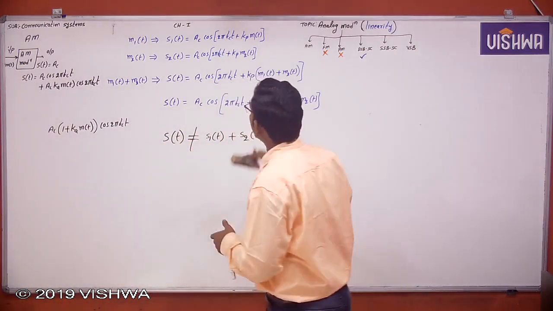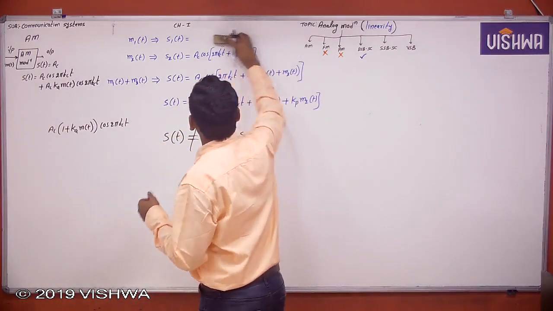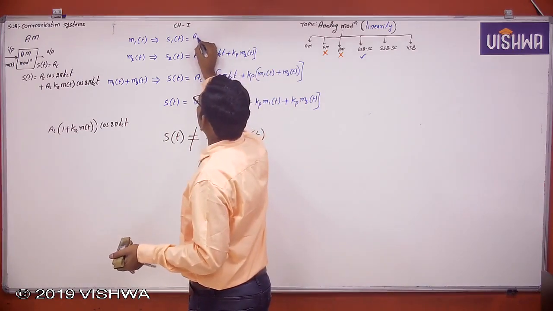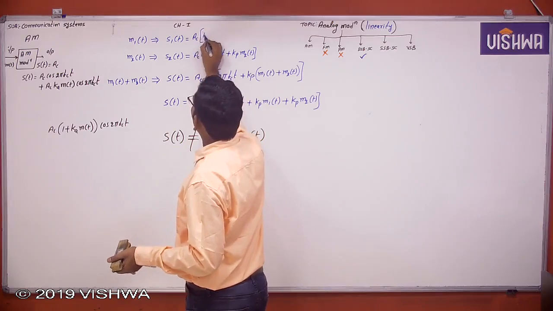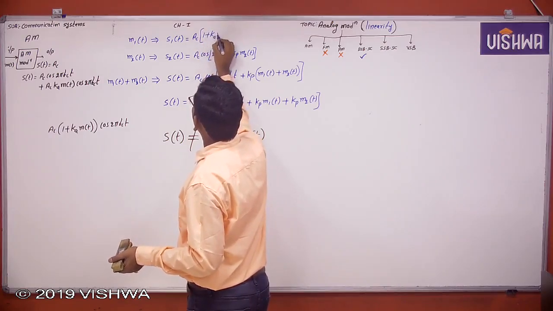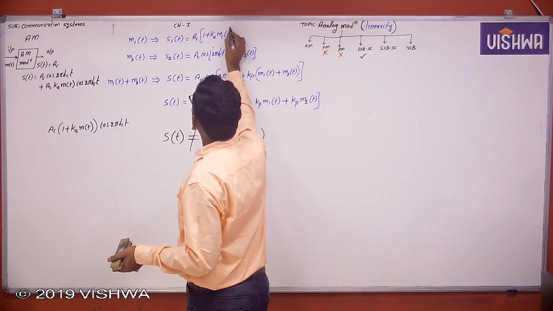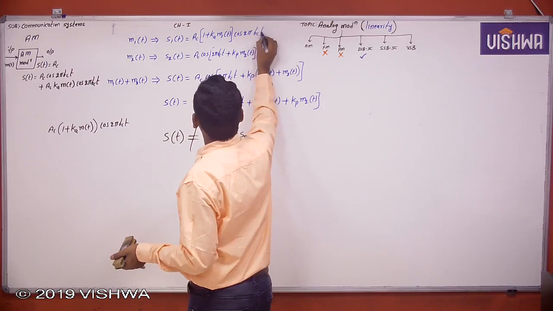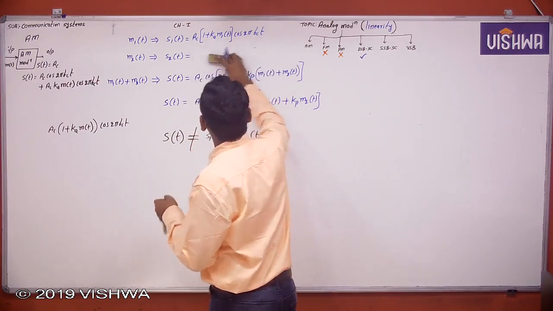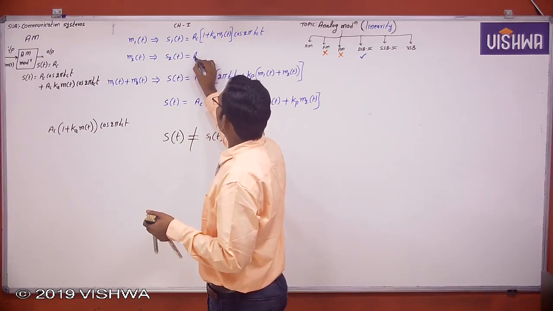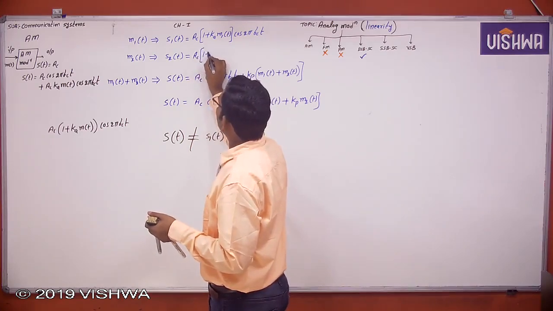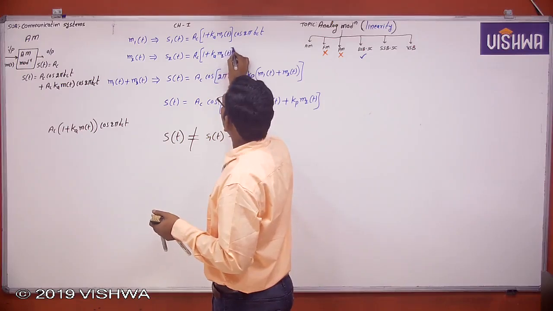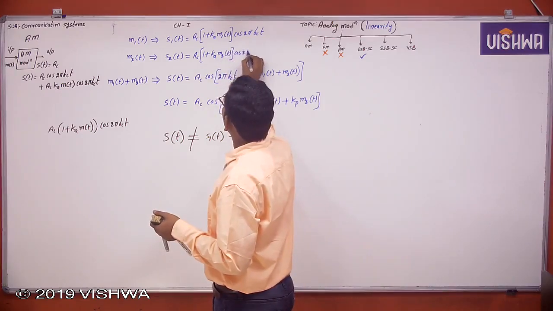Therefore, s1 of t, which is equal to Ac into 1 plus Ka into m1 of t into cos 2 pi fct. Now s2 of t is Ac into 1 plus Ka into m2 of t into cos 2 pi fct.